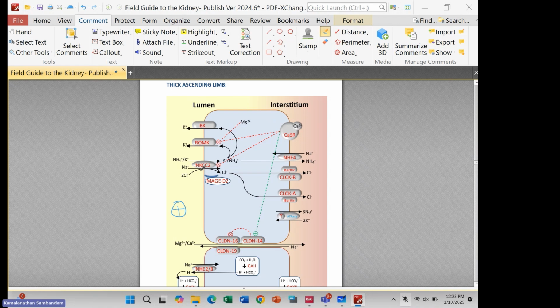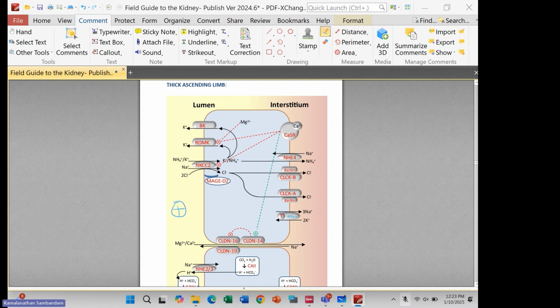And that is electroneutral transport, 2 chlorides, 2 cations, potassium and sodium. But when that potassium recycles through ROMK back to the tubular lumen, then I will create a lumen positive potential difference. It's the recycling of this K that creates that lumen positive potential difference.